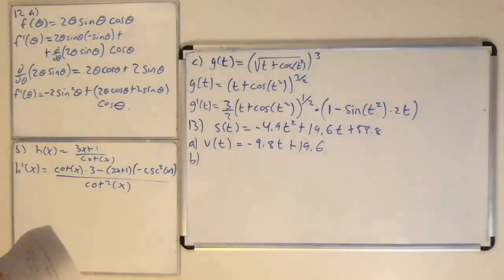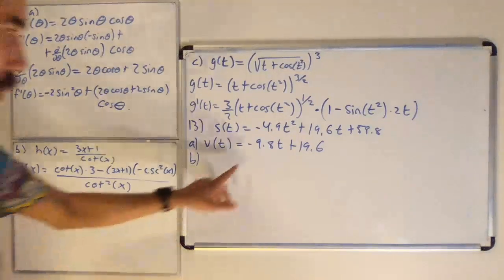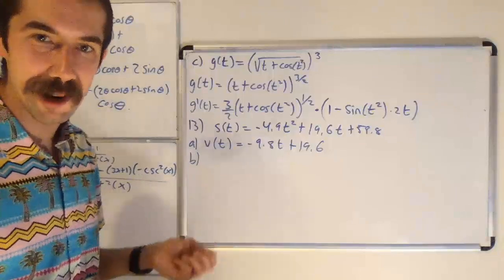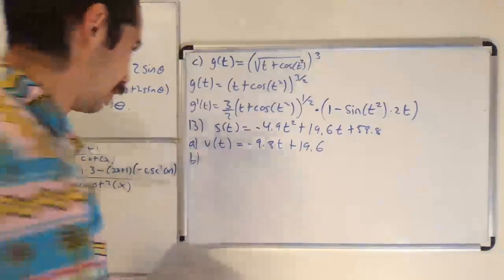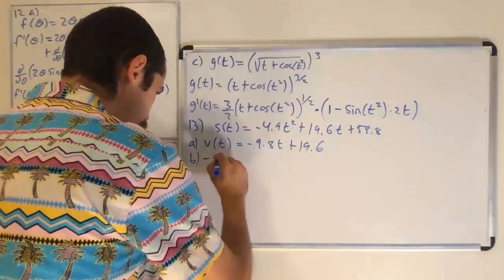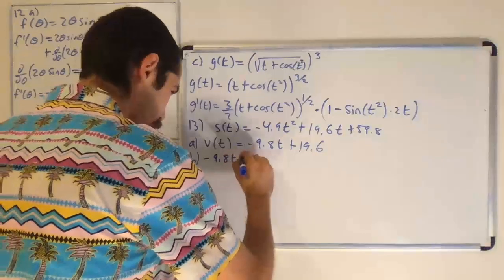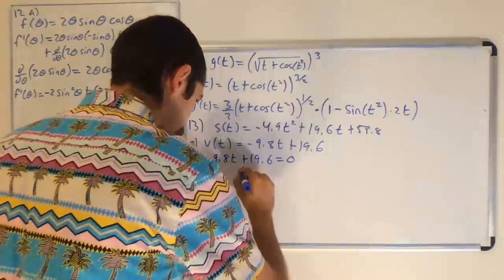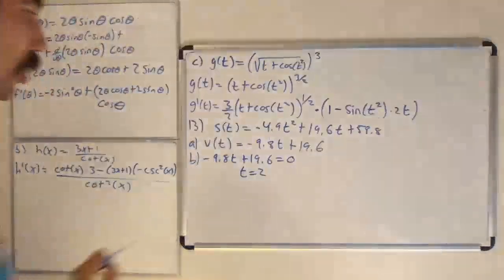B says find the maximum height that the object reaches. So let's find when the velocity equals 0, right? That's when the derivative equals 0, and then we'll plug that into our position function. So we get t equals 2.